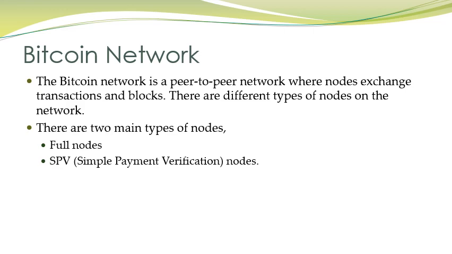The Bitcoin network is a peer-to-peer network where nodes exchange transactions and blocks. There are different types of nodes on the network, but mainly there are two types: full nodes and simple payment verification nodes.